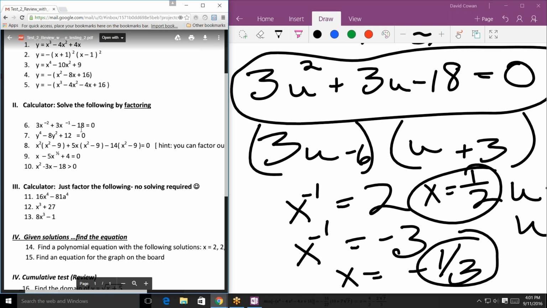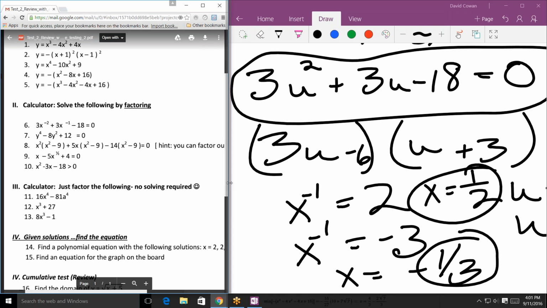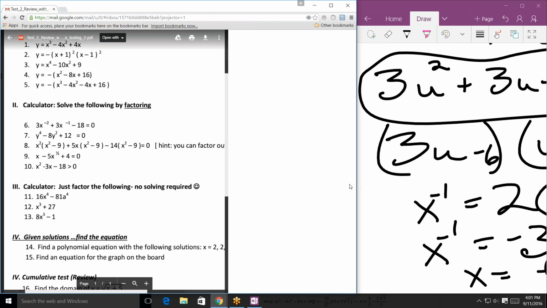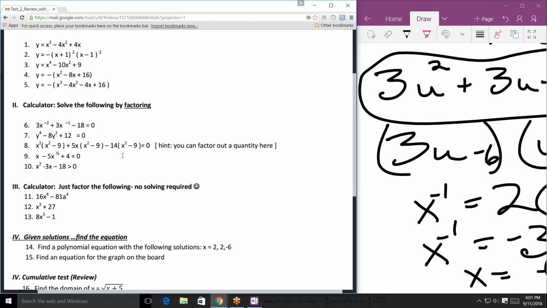The same with 6. And actually the same with number 8. We don't have time to go over it, but number 8, you can actually factor out an x squared minus 9, right? So would it just be x squared plus 5x minus 14 in parentheses, and x squared minus 9?